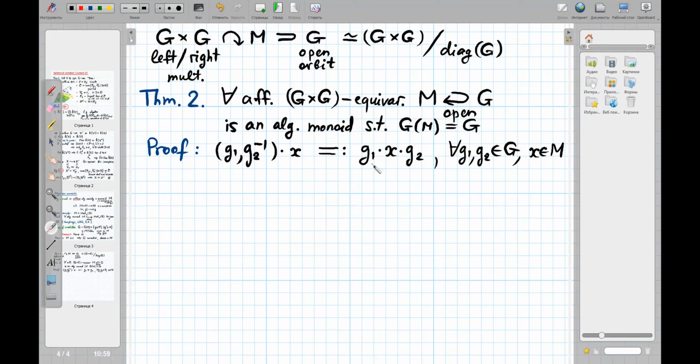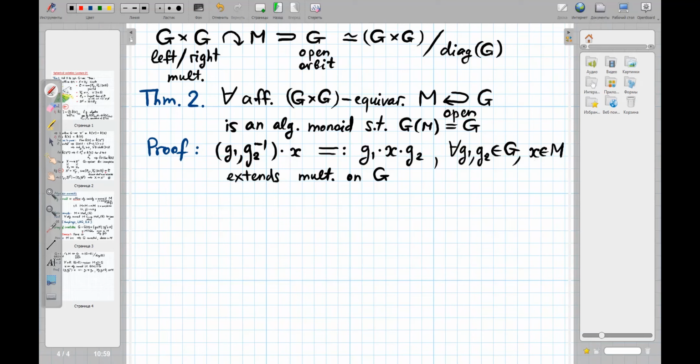So I denote this action by multiplication because this action extends the multiplication on G. Because if X belongs to this open subset G in M, then of course the action of this element is given by this multiplication formula. And if X is any element in M, I just use this as a notation for this action.